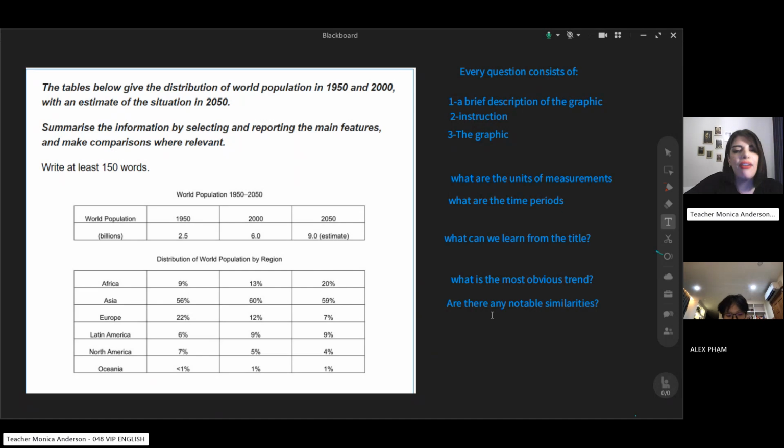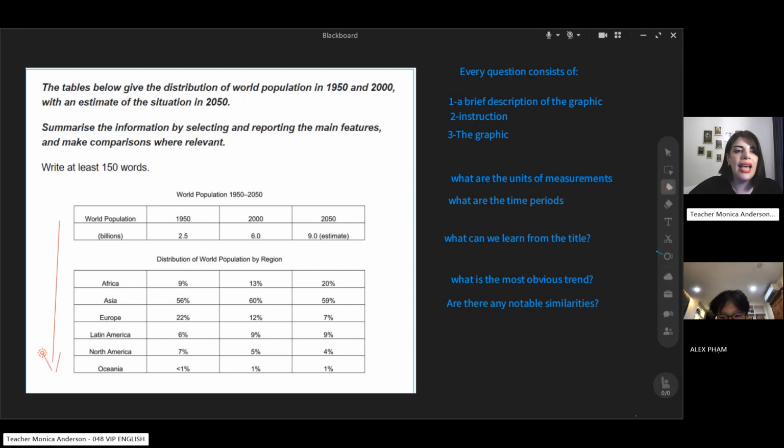Well, now we have our questions, so let's have a look at this table and try to identify the main feature. Here we have rows and columns, as you can see.